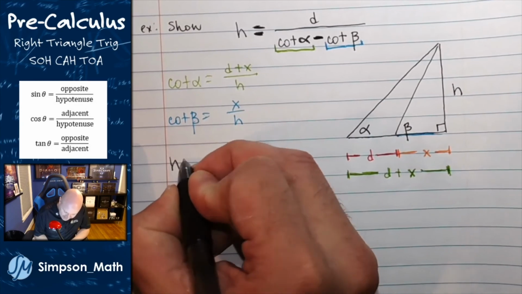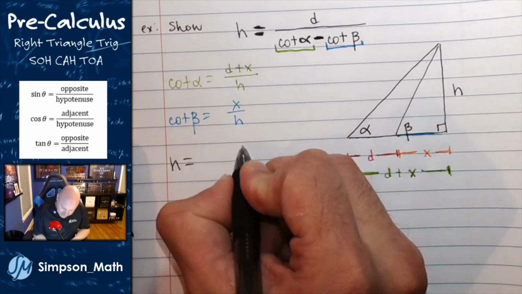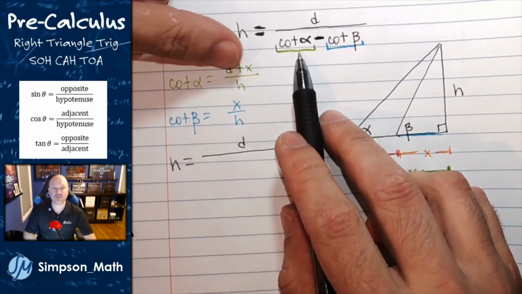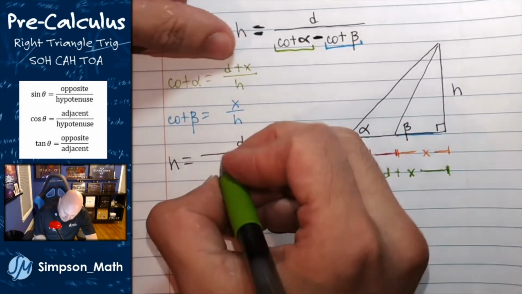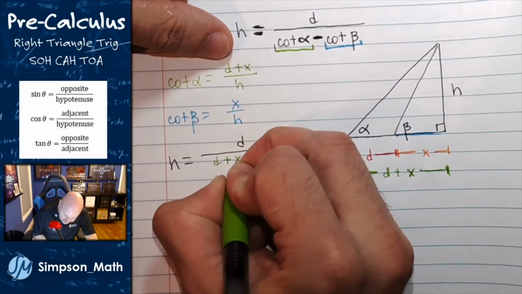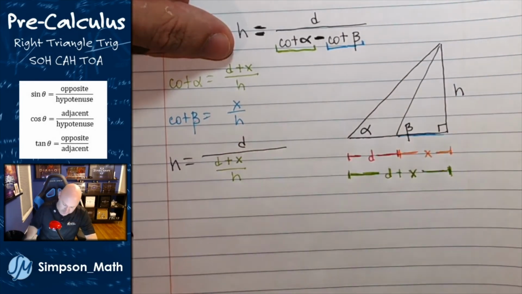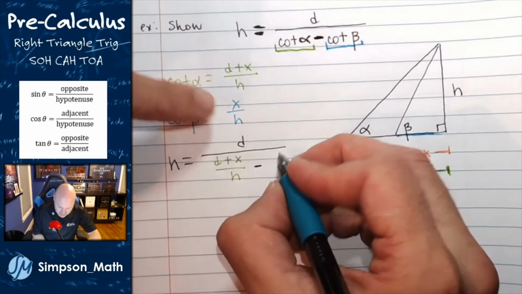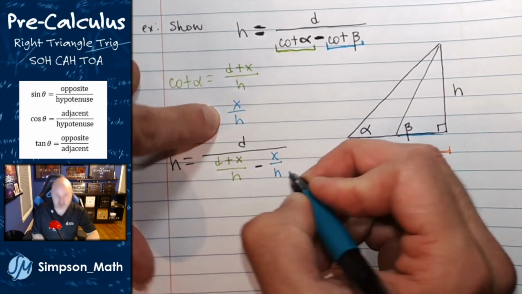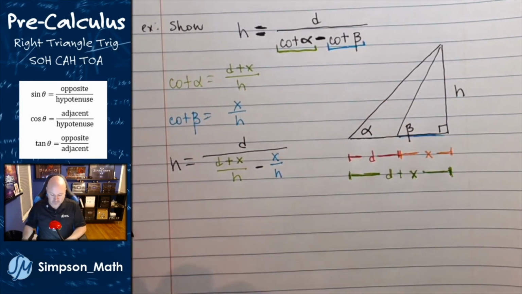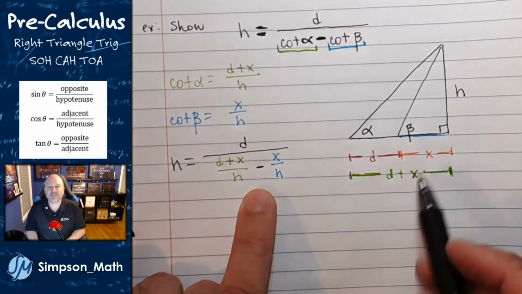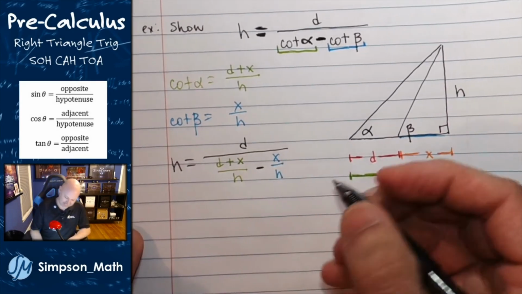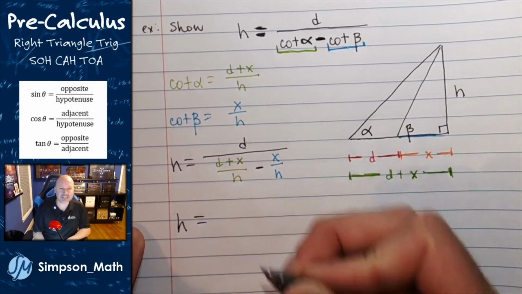So they say h is equal to d over cotangent alpha, which I say is d plus x over h, minus cotangent beta, which I claim is x over h. You know, when I first saw this problem, I thought Mr. Simpson hated me. But you see that common denominator there? He really does love me.